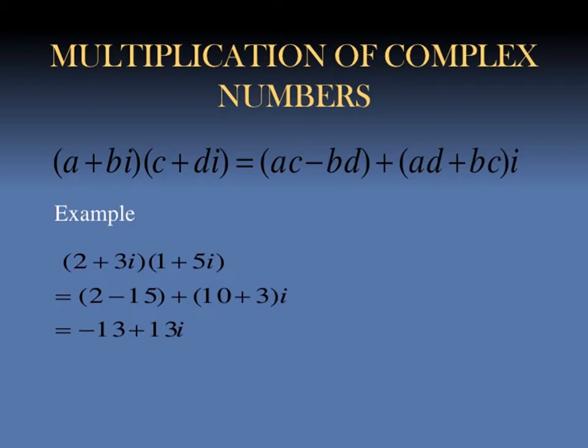What is the meaning of this minus sign? In b into d, when we multiply, i into i gets multiplied. What is i into i? i into i is i square, and i square means minus 1. Therefore, we get the minus sign between ac and bd. Therefore, it becomes ac minus bd.